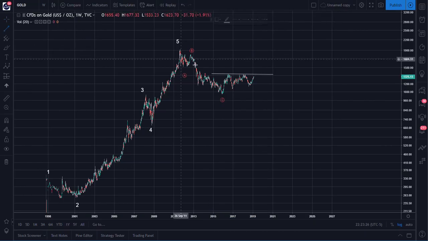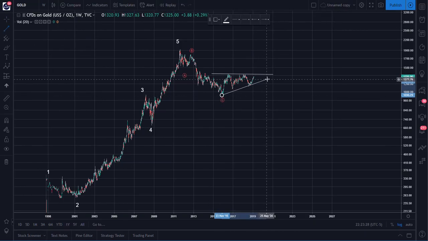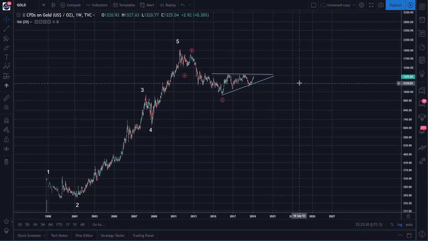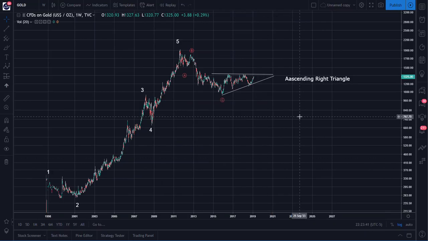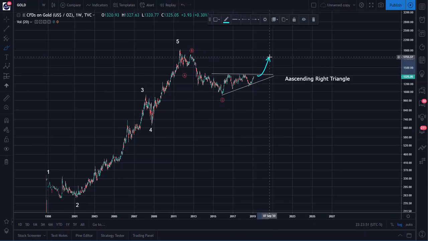And then if I connect the bottom of the price bars, it's actually a very nice looking ascending right triangle. And if this is true, it jives and commingles very well with the inverted head and shoulders. And that means that price again needs to breach out of this pattern and start impulsing to higher highs and higher lows.